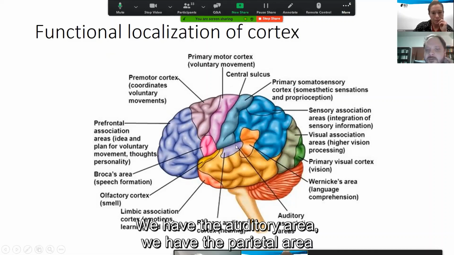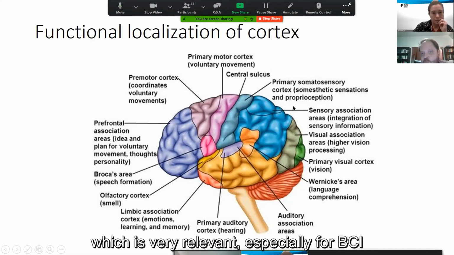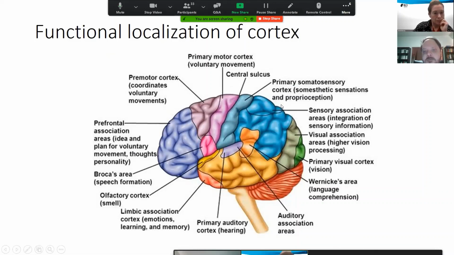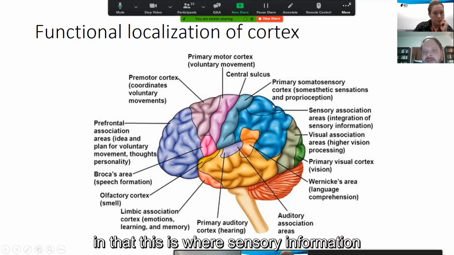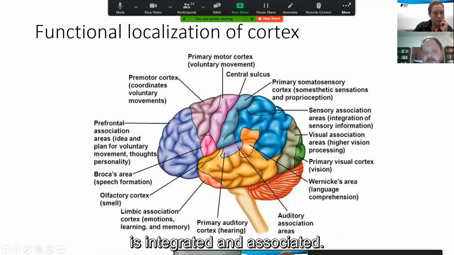We have the auditory area. We have the parietal area, which is very relevant, especially for BCI, in that this is where sensory information is integrated and associated.